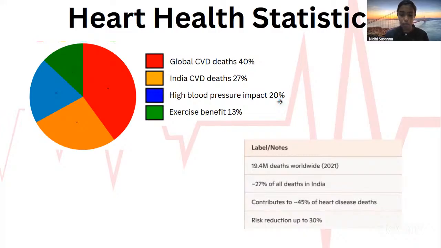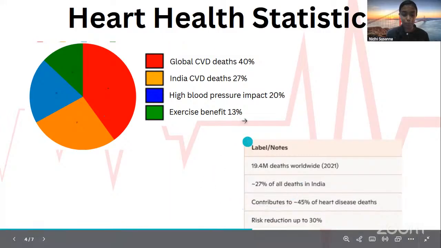That's more than 1 in 4. High blood pressure is a major contributor, silently damaging arteries and leading to heart diseases. But here's the good news. Regular exercise can reduce the risk by up to 30%. You can see the chart. The chart shows the balance between risk and prevention.